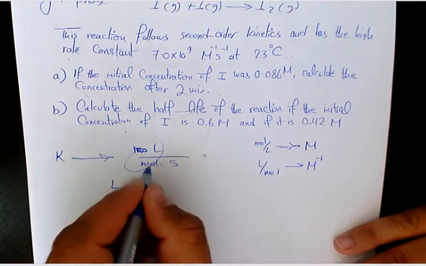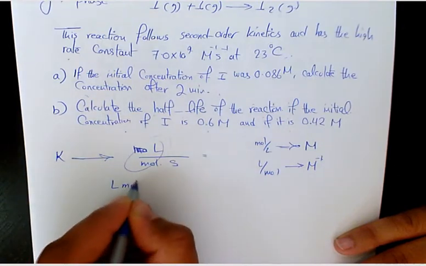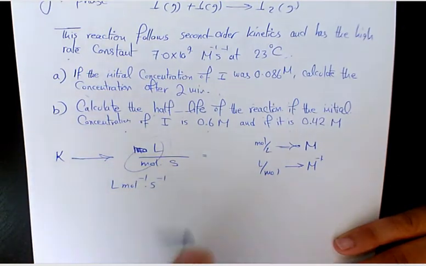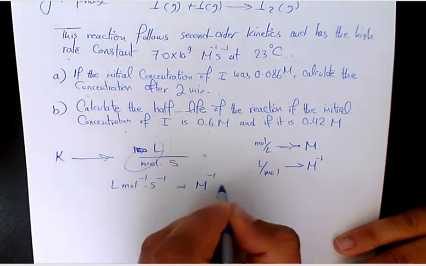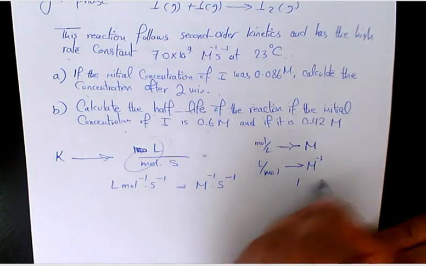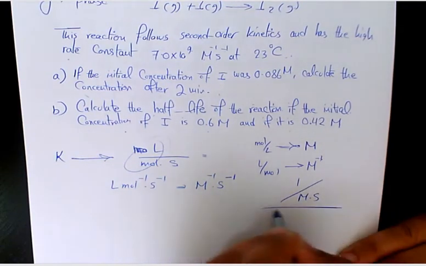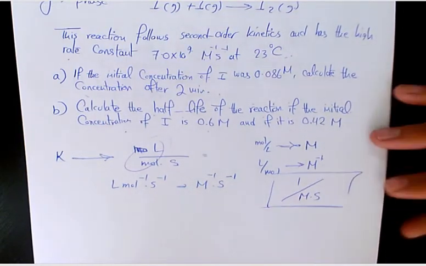So instead of L mole to the power of -1 s to the power of -1, you can say molar to the power of -1, s to the power of -1, or also 1 over M and over s. So all of them are correct.